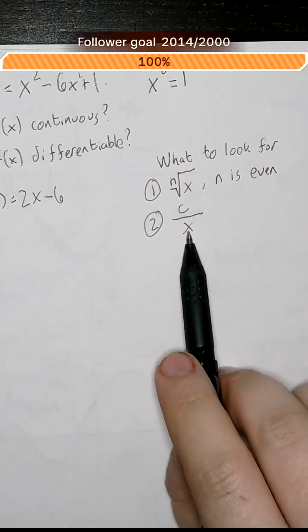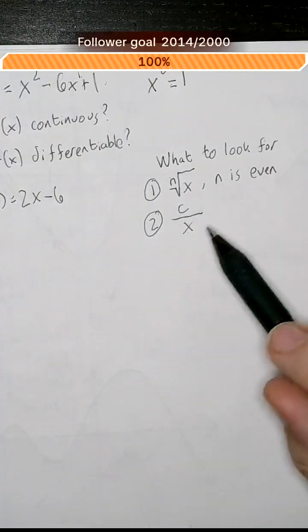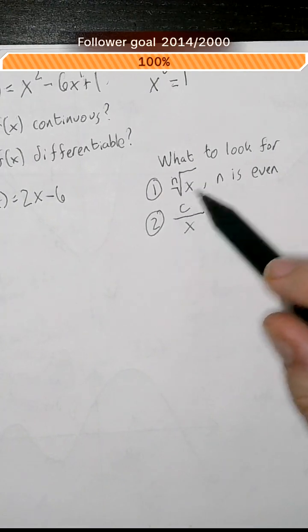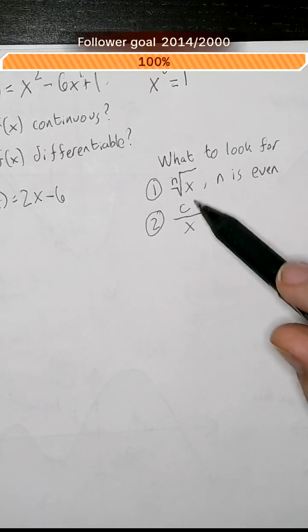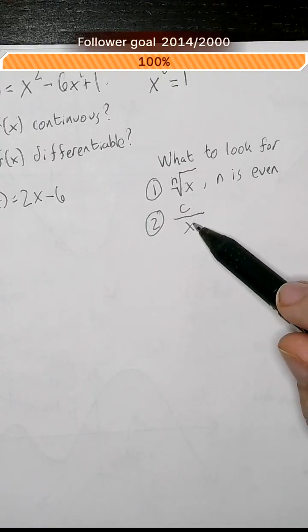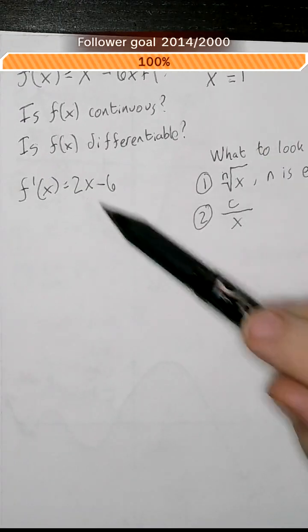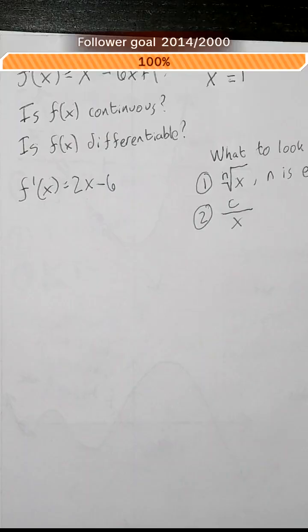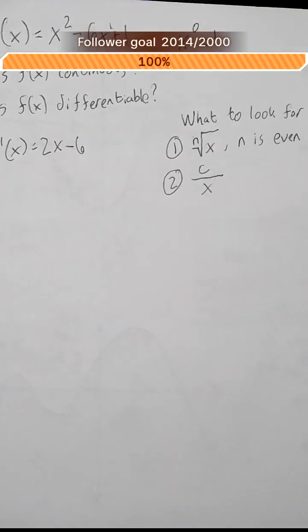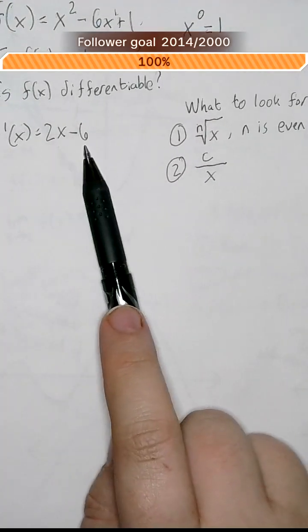Because for number 2, we have potential for division by 0, and for number 1, we have the potential of imaginary numbers. And those two things are not allowed. If I have imaginary numbers or division by 0, then the derivative doesn't exist at that point. Do you see either 1 or 2 in this derivative?